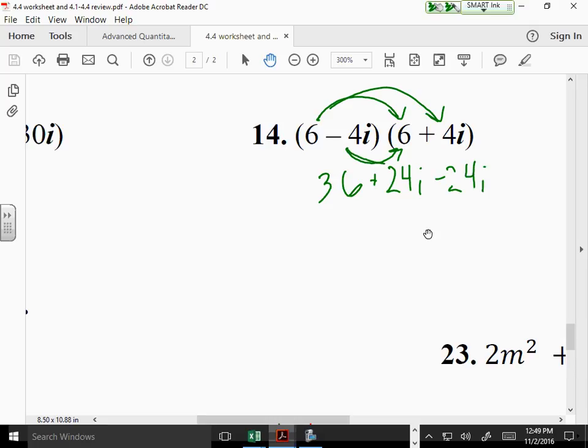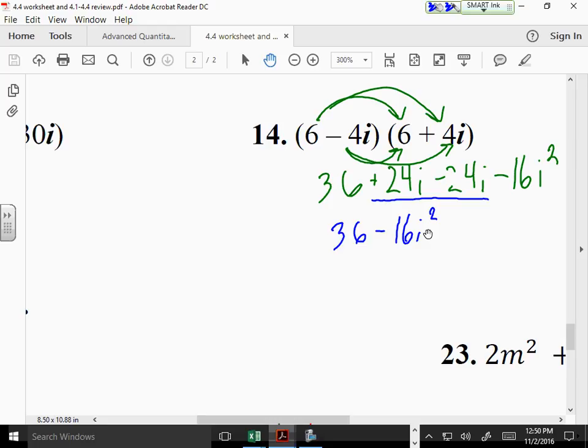Negative 4i times positive 4i. So what happens in the middle? Those two cancel out. You're left with 36 minus 16i squared.